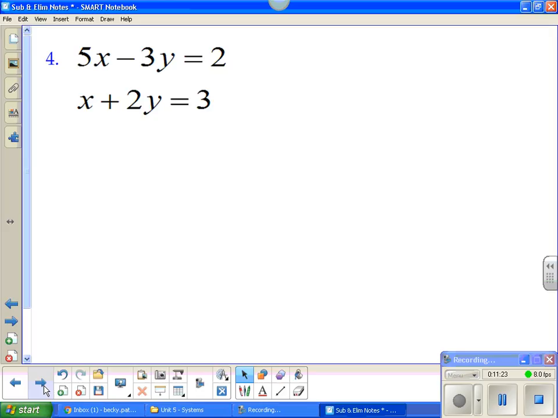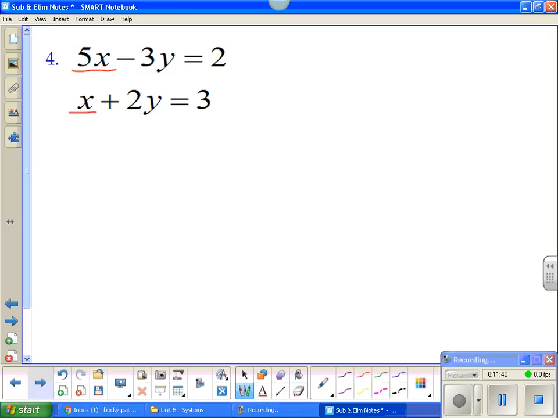If I wanted my y's to cancel, what could I turn both of these into? A 6. Well, what would you need to multiply the top by? A 2. And what would you need to multiply the bottom by? A 3. Well, that sounds much more complicated than the x's. So let's back off of this one and let's go do x's.